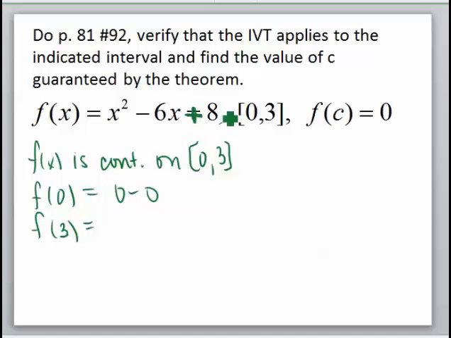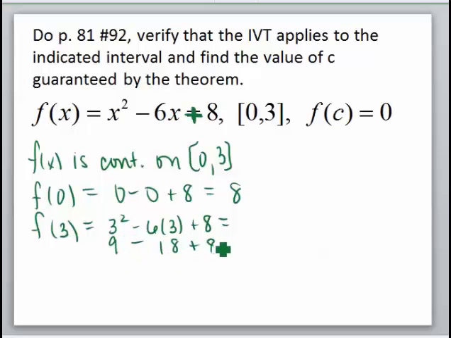So let's go ahead and change that to a plus sign. 0 minus 0 plus 8, so that means it's 8. And then we have 3 squared minus 6 times 3 plus 8. So I end up getting 9 minus 18 plus 8, which is negative 1.